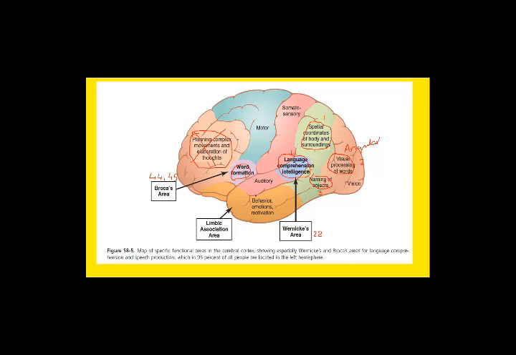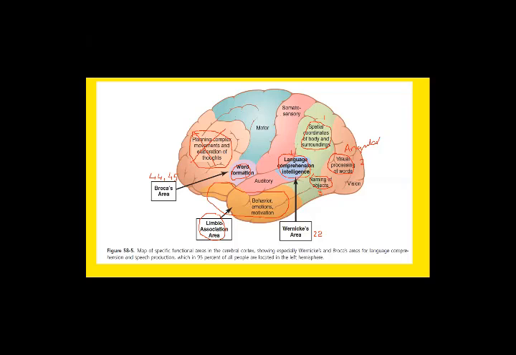The third association area is the limbic association area. This orange shaded region is the area for the limbic association area. All this region is the site for the limbic association area. You can see most of the anterior temporal lobe is involved, and the anteroinferior part of the frontal lobe is also included within this limbic association area.